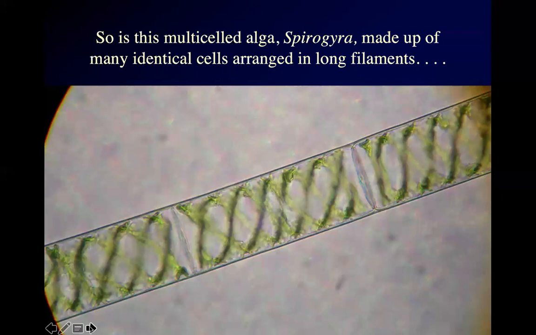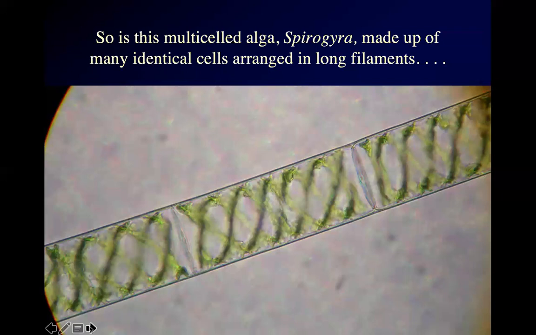Each one of the cells is shaped like a box. The cells are arranged together in long filaments, and each cell contains an organelle. The fancy name for it is chloroplast, but we'll get into that later. And the chloroplast is arranged in a spiral shape inside the cell. So that's an organelle that's making that twisty thing.